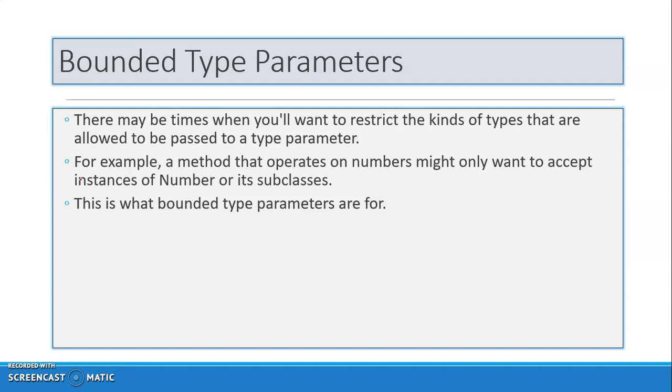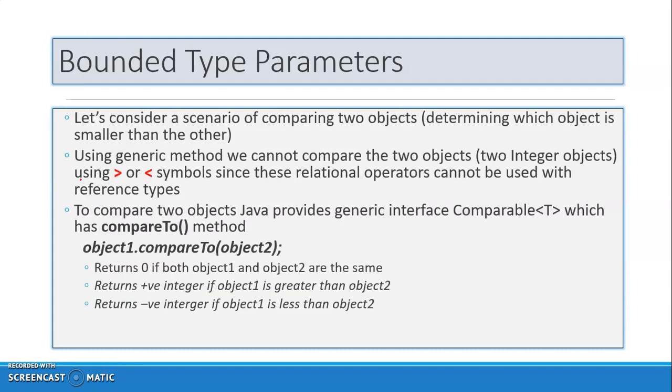You can use a generic method and exclude other data types, and just specify those data types that make sense, in this case the numbers. So you will use Number as the highest class that can be acceptable in this generic method. That is what we call the bounded type parameter, or why we use bounded type parameters.